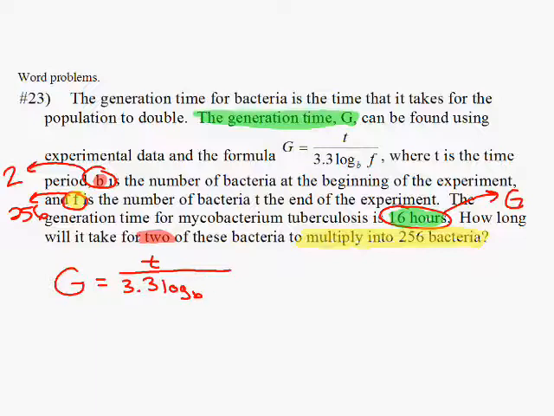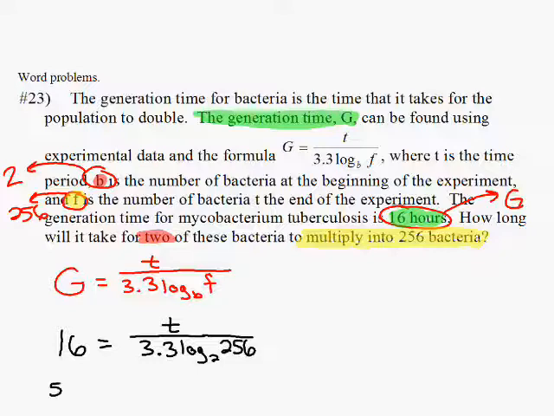So we write down the formula, put in the numbers that we just identified in the appropriate spots. To solve for T, we want to multiply both sides by the denominator. When you multiply 16 times 3.3, you get 52.8.